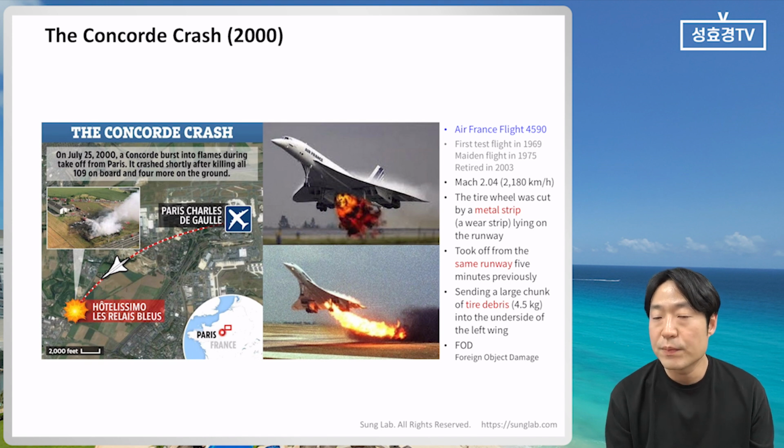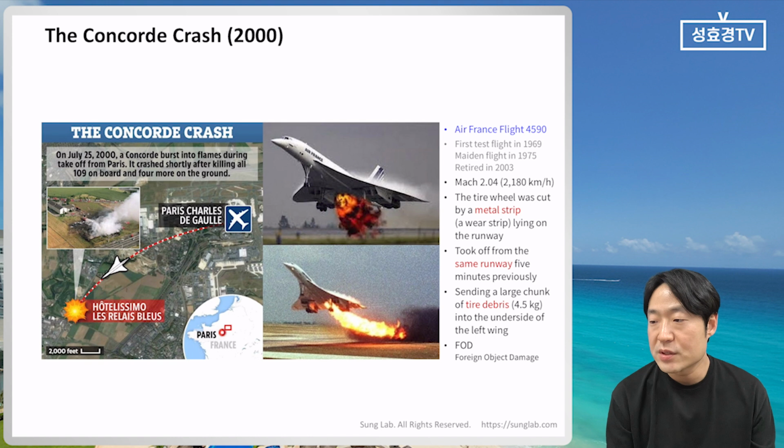When the airplane took off, a very small piece of metal was on the ground. We can call that FOD, foreign object damage. Because of that very small piece of metal, it cut the tires of the airplane. The tire debris, maybe the rubber, just went inside the engine.